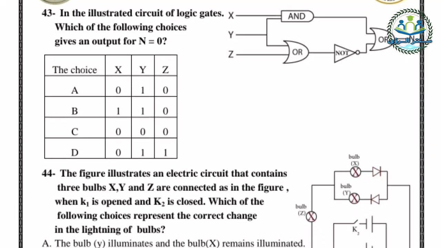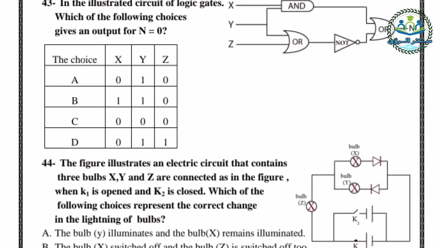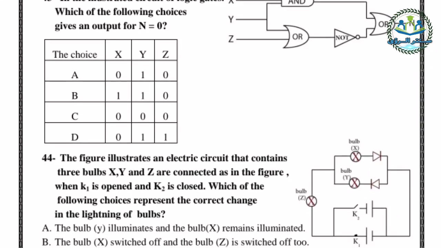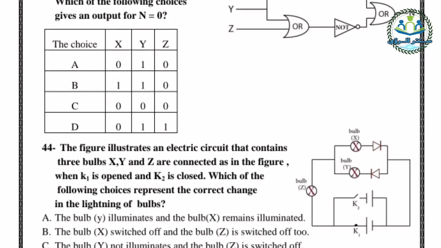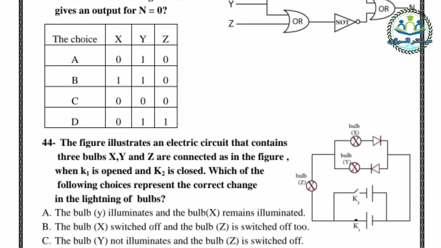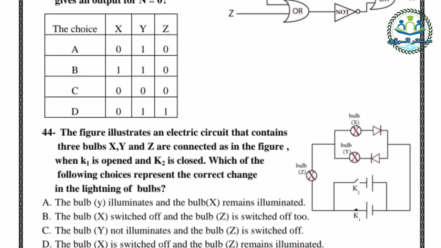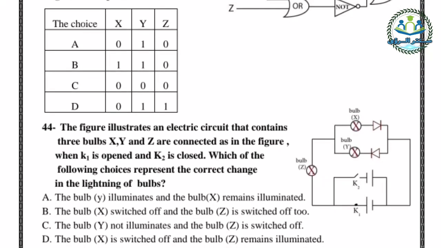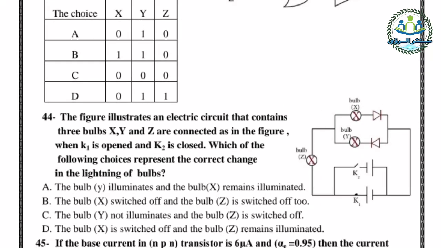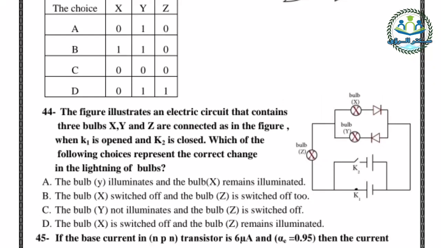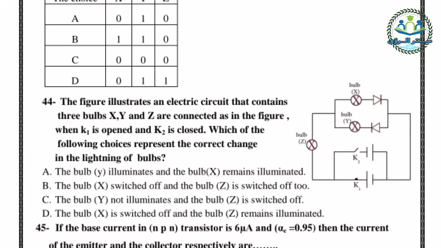44. The figure illustrates an electric circuit that contains three bulbs X, Y and Z connected as in the figure, when K1 is opened and K2 is closed. Which of the following choices represents the correct change in the lighting of the bulbs? A. The bulb Y illuminates and the bulb X remains illuminated.